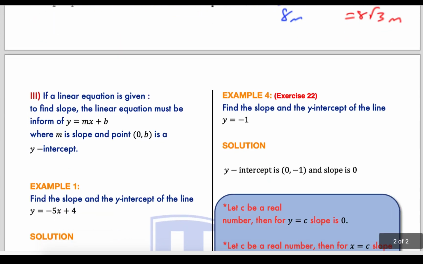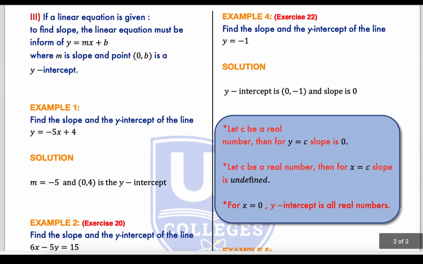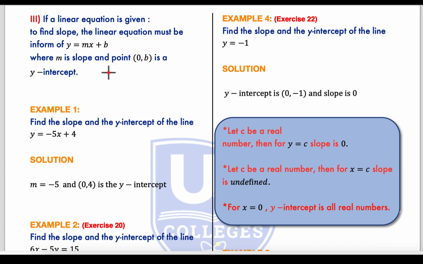So let's take a look at the third type of questions, the third type of givens. In this type, you don't have a point, you don't have an angle, you just have an equation. So neither of the methods that we studied before will work here. You just need to know how to write the equation in slope-intercept form. y equals mx plus b is the slope-intercept form.